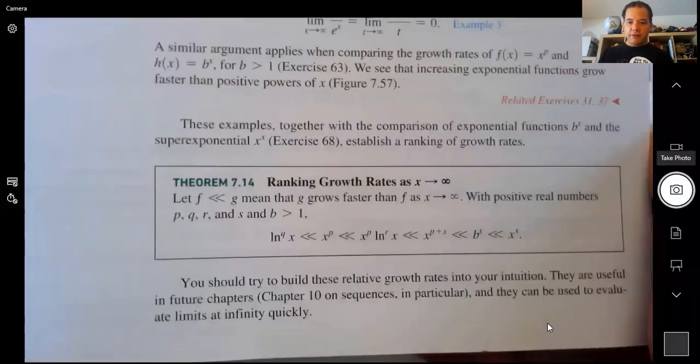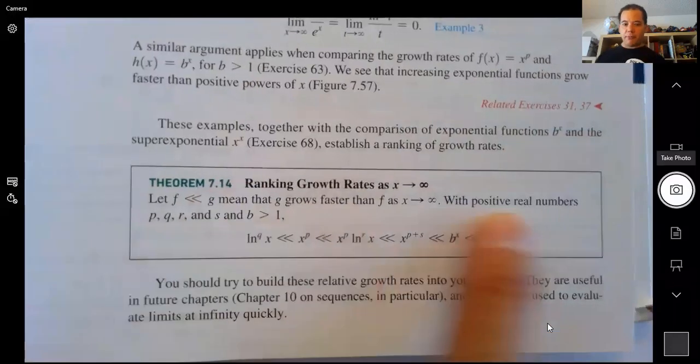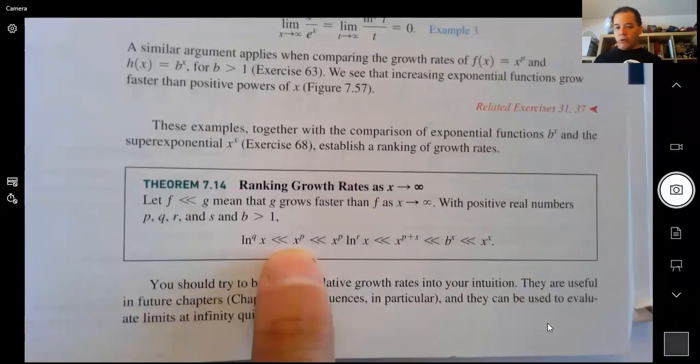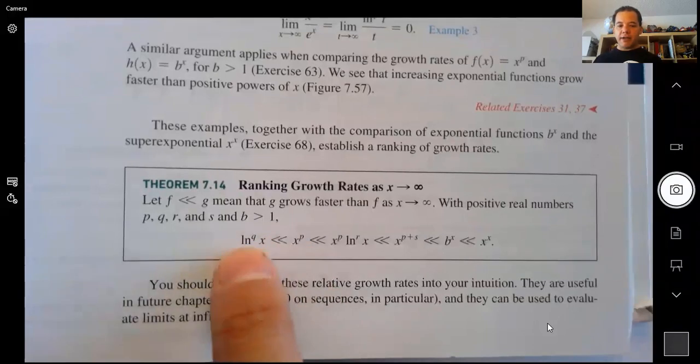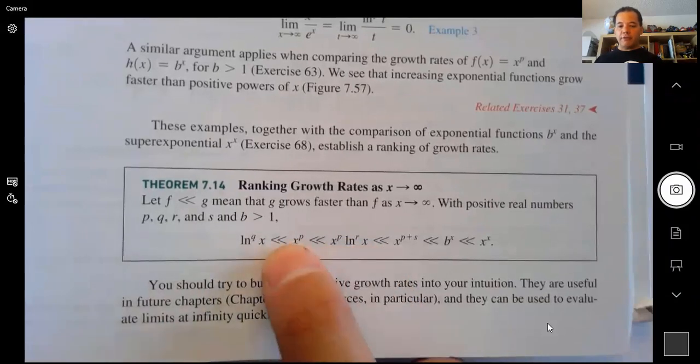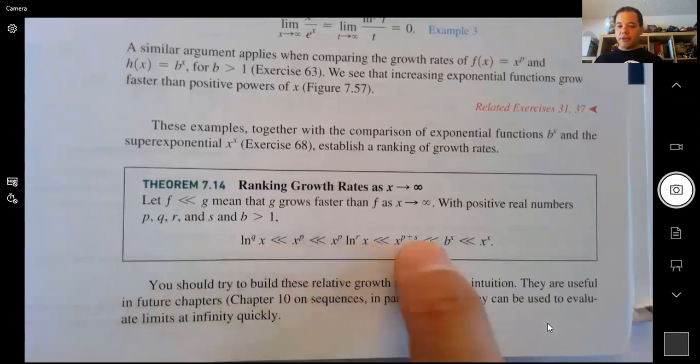So this little box is the one you need to remember, right? The logarithms always lose against any polynomial. Doesn't matter the power. Doesn't matter what p and q are. This x to the p beats ln to the q. Now, if you multiply x to the p by a logarithm, then that one is going to beat this one. But it's going to lose against any higher power.